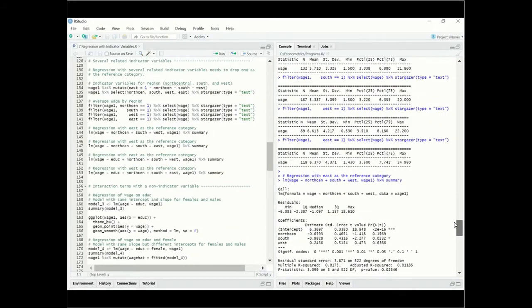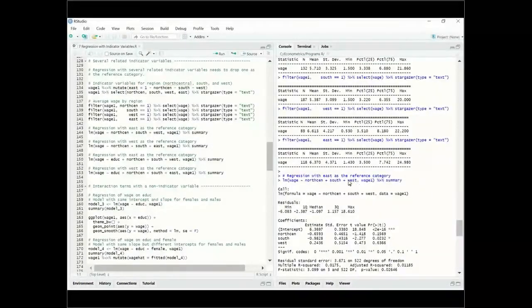How we're going to do this is let's run a regression. Here we have a linear model with wage as the dependent variable, and we include all of these regions as independent variables, but we skip one of them, East, which is not included here and serves as the reference category.